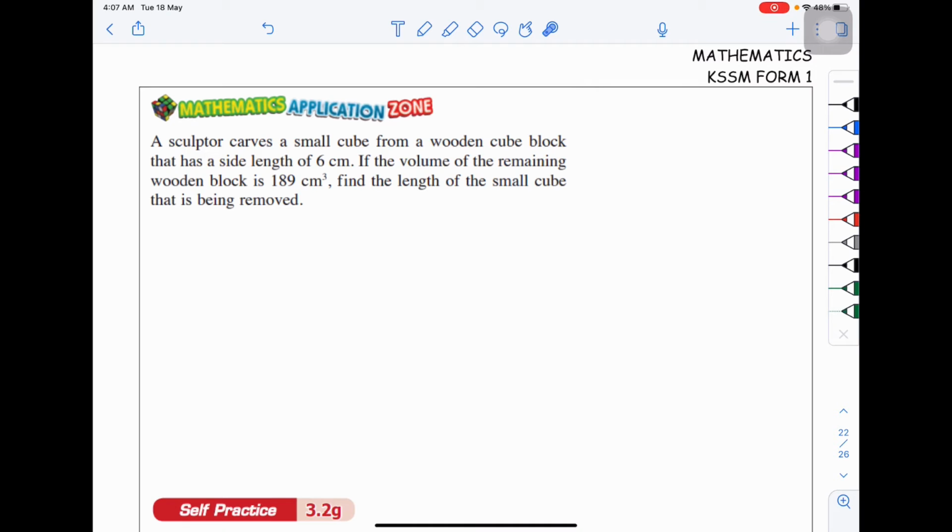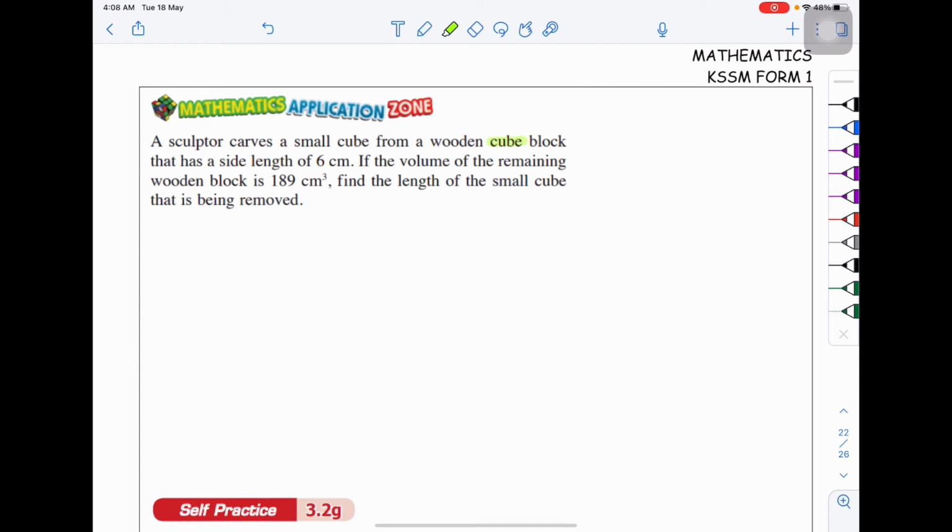So, how can we start to answer this type of question? First things first, we need to imagine something. The first step is to draw out the picture from the question. They say they have a wooden cube block.